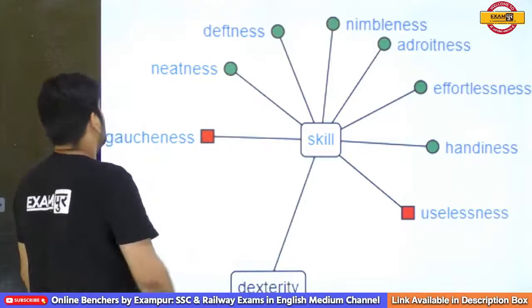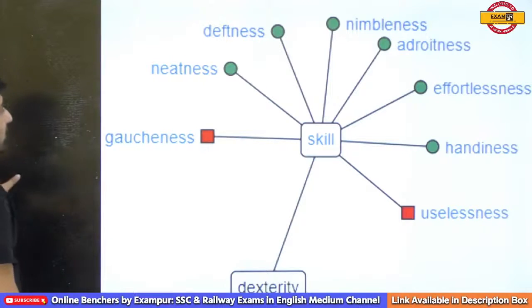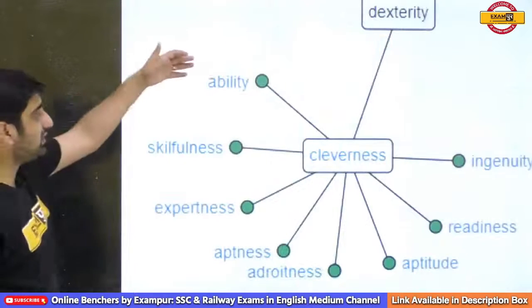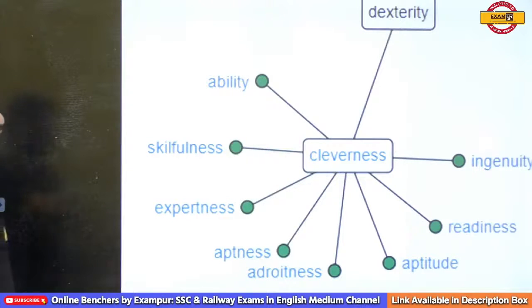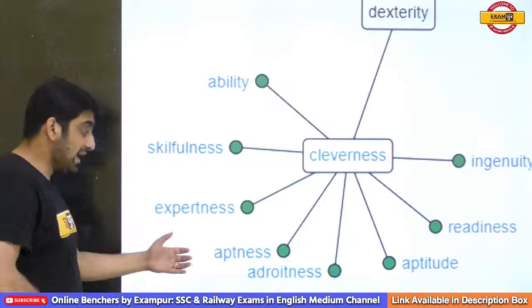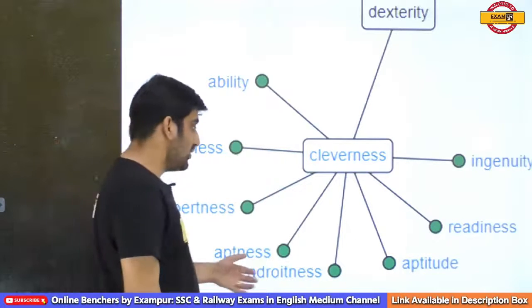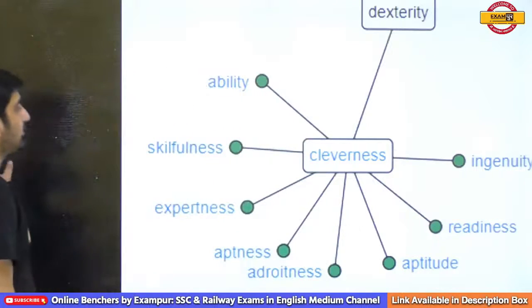Antonyms will be gawkiness and uselessness. Guys, dexterity can also be used in this dimension, which is cleverness, means ability, skillfulness, expertness, aptness, means being apt, and aptitude, readiness and ingenuity.